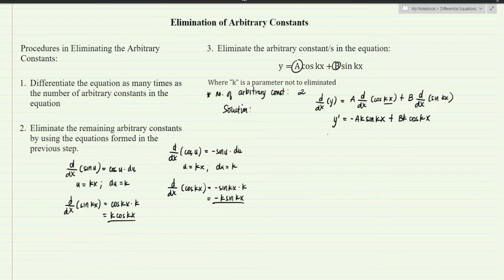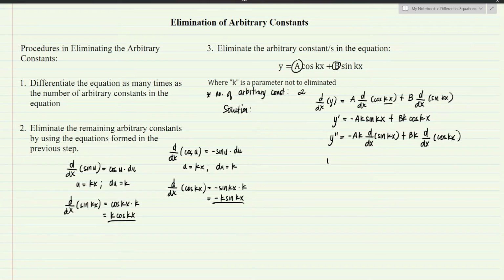Let's now solve the second derivative of this equation. Derivative of y prime is just y double prime. As for the right side of the equation, I will factor out negative ak, then differentiate once again sine kx. Now for the third term, factor out bk, then differentiate cosine kx.